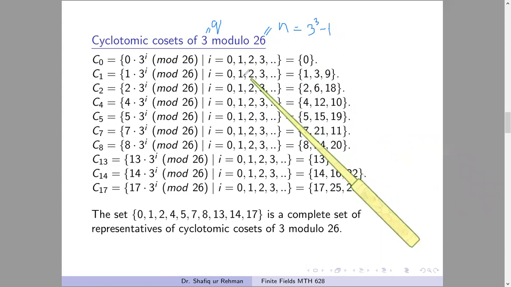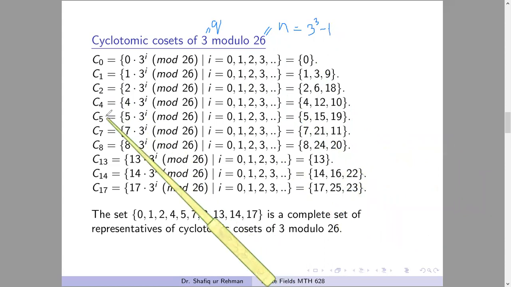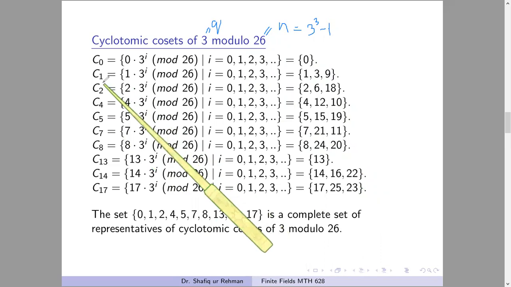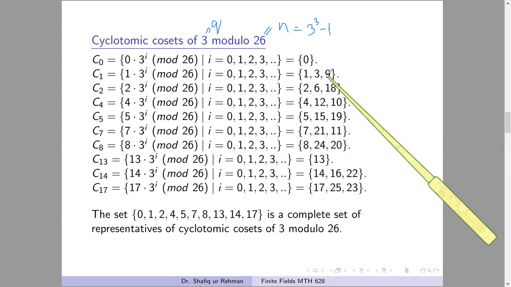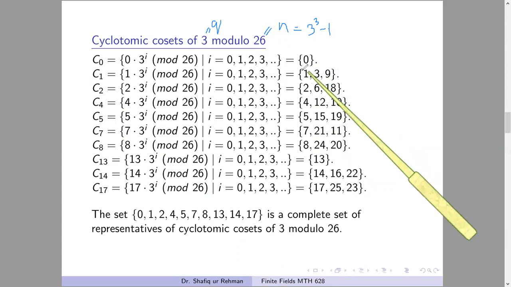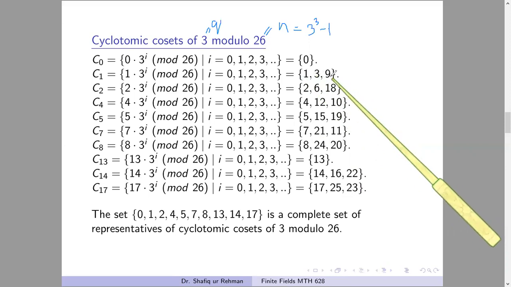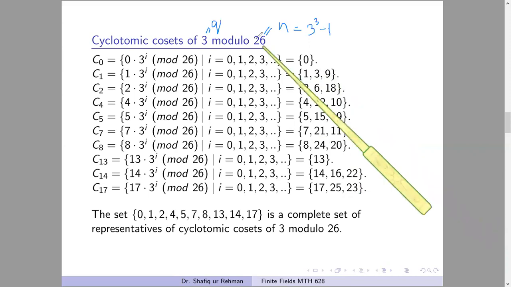So as in the previous example, similarly here we start with C1, it consists of 1, then multiply this by 3, then again multiply with 3 until we get repetition, and we will continue this process. And after 9, when we multiply 9 by 3, we get 27, and that is equal to 1 under mod 26.